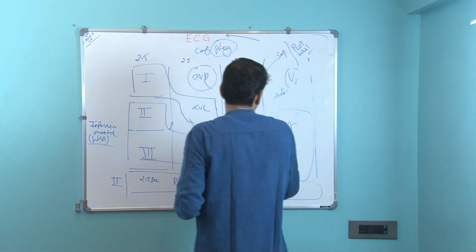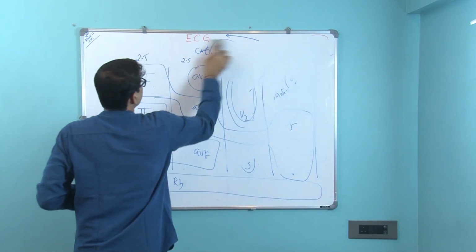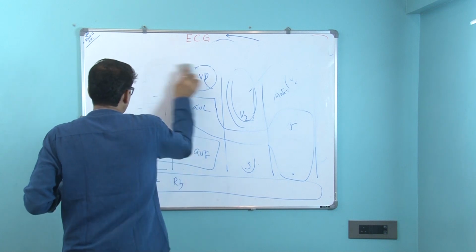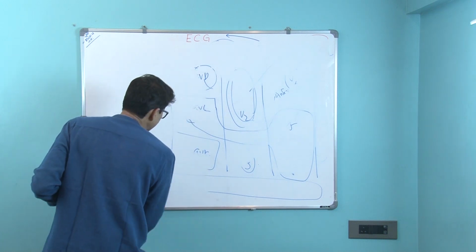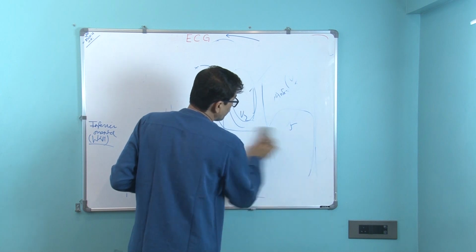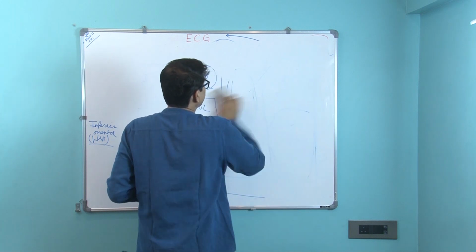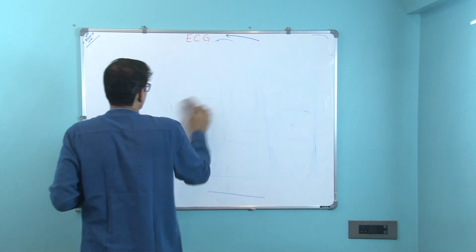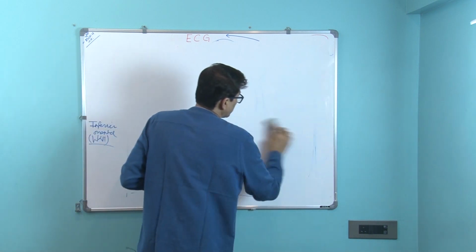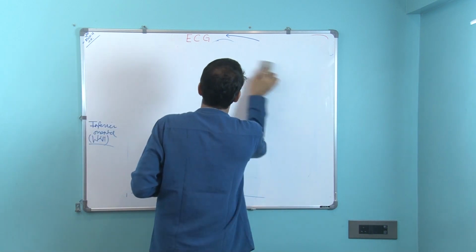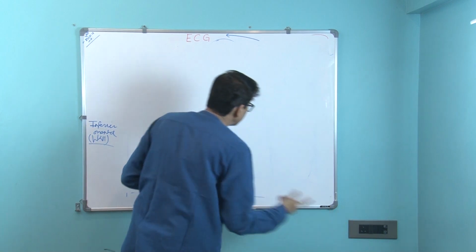But this is lead orientation. In short, I will draw the axis diagram and your orientation will be clearer. I want you to practice the axis diagram 100 times. Even in sleep you should be able to get up and draw the axis, only the six leads.